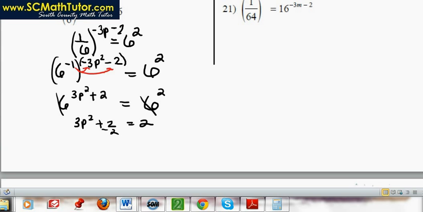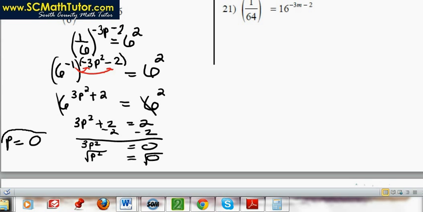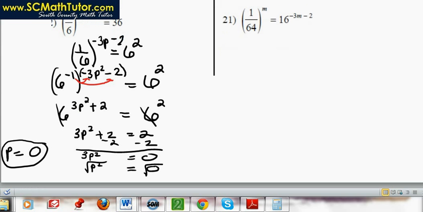Subtract 2 on both sides. Negative 3p squared equals 0. Divide by negative 3, so p squared equals 0. The square root of 0 is plus or minus 0, which is just 0. So your p is just 0. Okay, and if you plug it in, on this side you have nothing to plug in, so you care about this side.